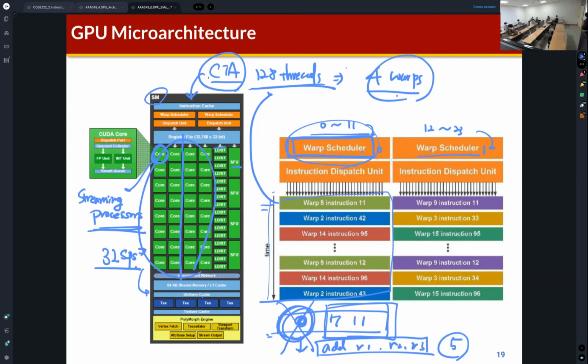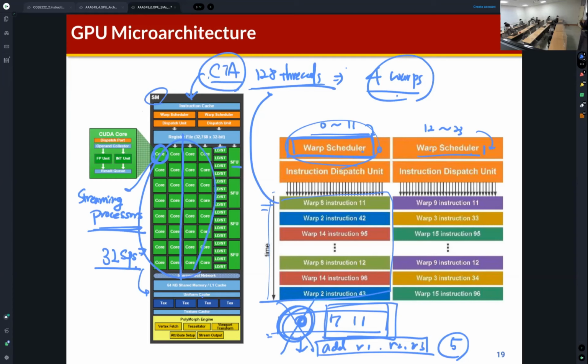So it means that in the next cycle, in this example, the GPU warp scheduler selects warp number 7, and then the GPU will execute this warp. So this is the quick context switch. Using this context switch, the GPU hides the latency of this add instruction. Just remember that the GPU does not support any data forwarding.